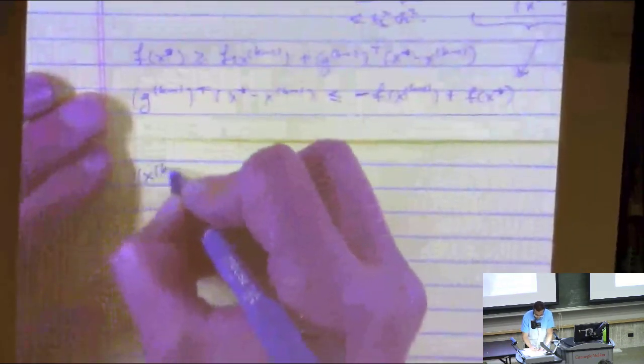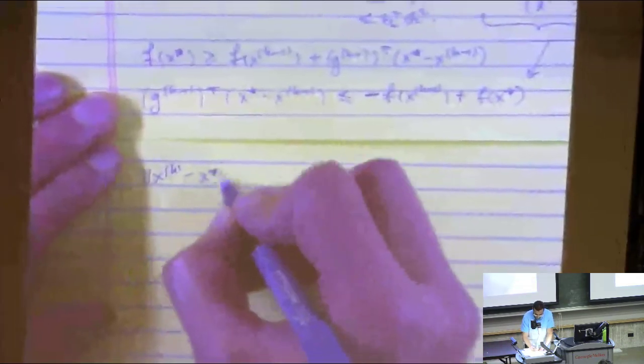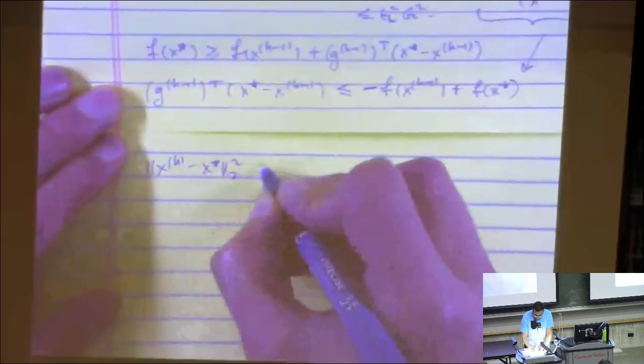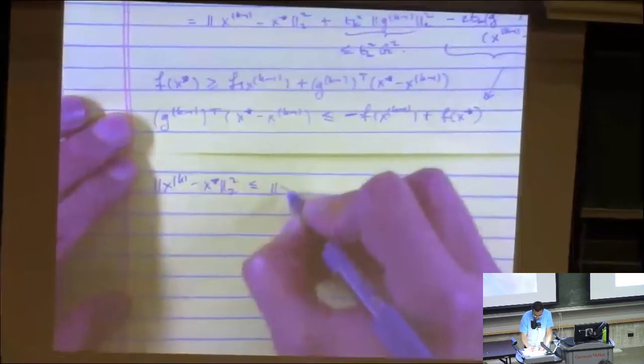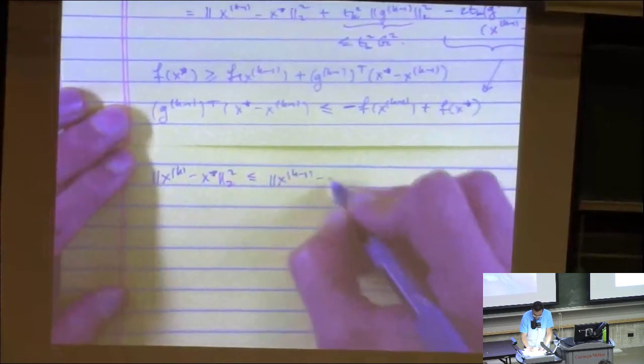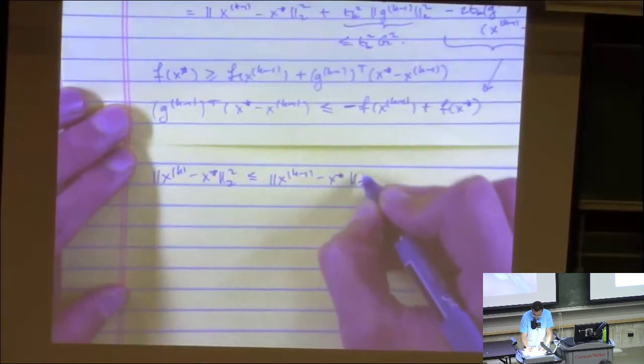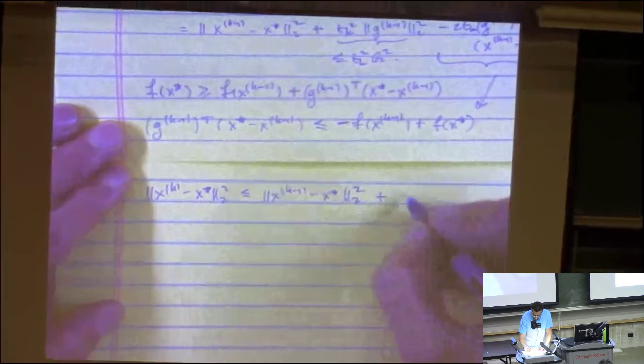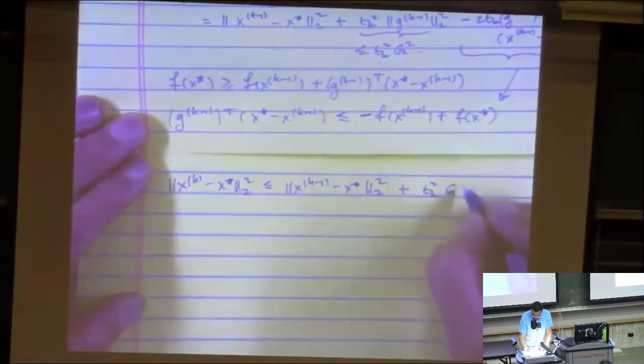Okay, so continuing on, we're just going to say that the norm of xk minus x star squared is less than or equal to the norm of xk minus 1 minus x star squared plus tk squared times G squared.